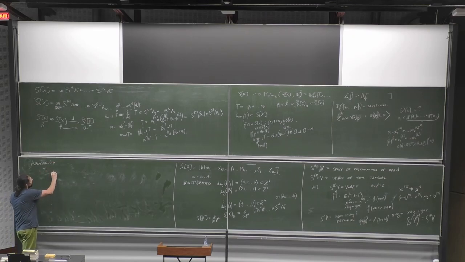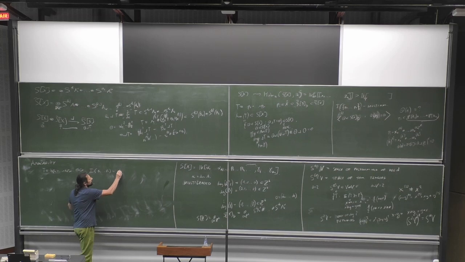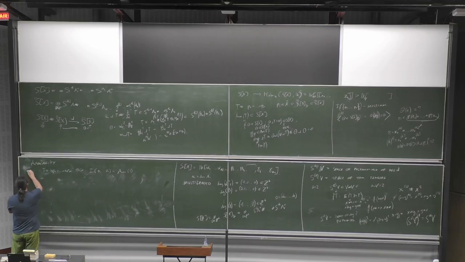We can say that T can be written as a sum of simple tensors, p1 up to pr, perhaps with some constants, let me call them lambda 1 up to lambda r, if and only if the ideal of p1 up to pr, the second thing, is contained in the annihilator of T. So there exist constants lambda 1 up to lambda r such that T can be written as a sum of this. And we can read it in the following way.